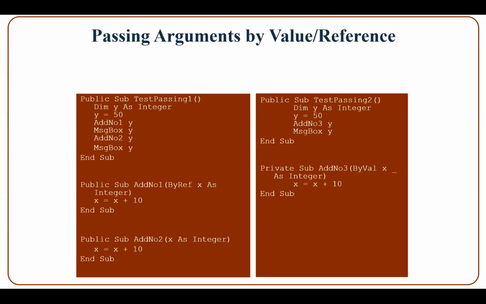Now let's look at some examples. Here we have two sub-procedures, AddNum1 and AddNum2, and they are basically the same. Passing by reference is the default, so writing ByRef or not writing ByRef actually doesn't change anything.